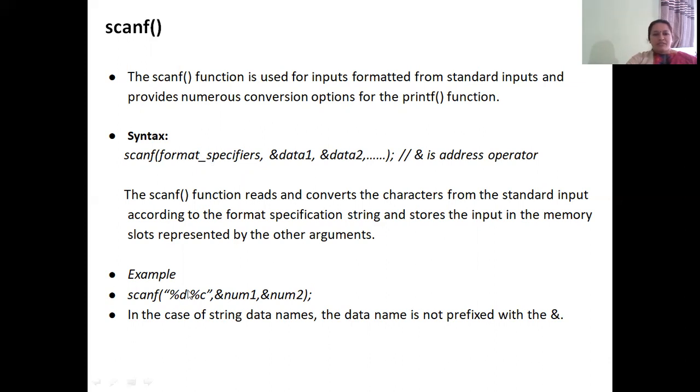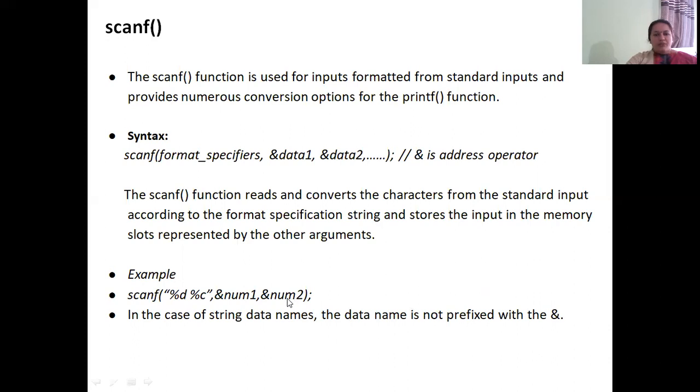separate format specifier. For example, scanf("%d %c", &num1, &num2). Here num1's format specifier is %d and num2's format specifier is %c. num1 and num2 are variable names which are chosen by the user. &num1 indicates the address where that particular data item has to be stored in memory.